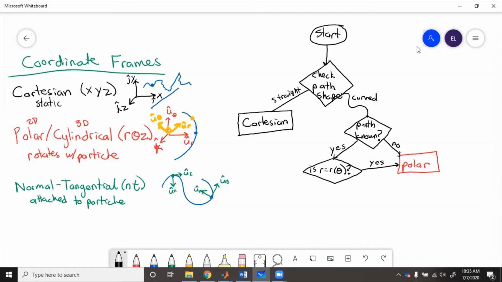So here you see the r, theta, z. If theta is in there, r is a function of theta, then we use polar. If it is not, then we use normal tangential.